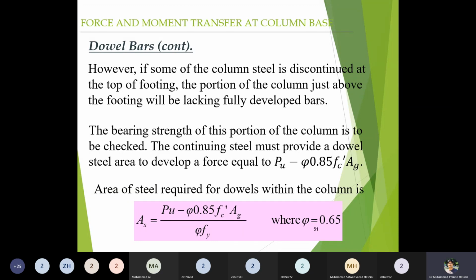In addition, we must check the capacity of the column. Sometimes the column steel is not extended, and the bearing strength of that portion of the column is to be checked. We check how much dowel area is needed in the column to be developed, because these dowels are provided not only in the footing but also in the columns.